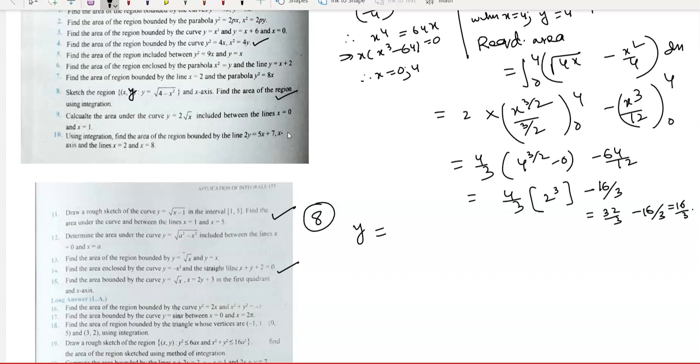Here plotting you may be a bit confused, but if you square both sides you get a circle over there, x square plus y square equal to 4.